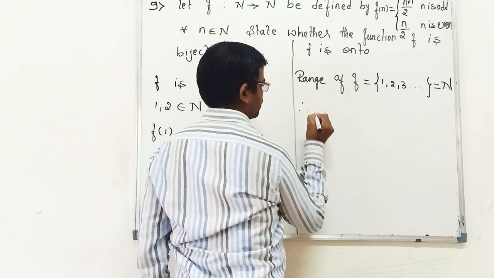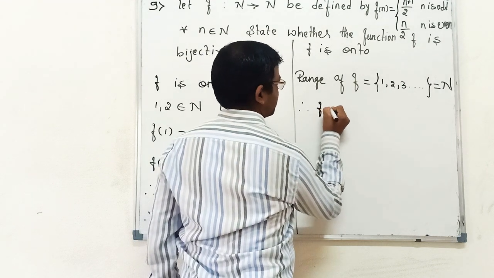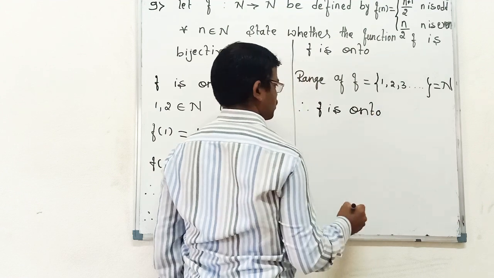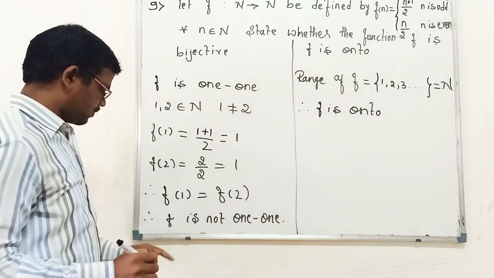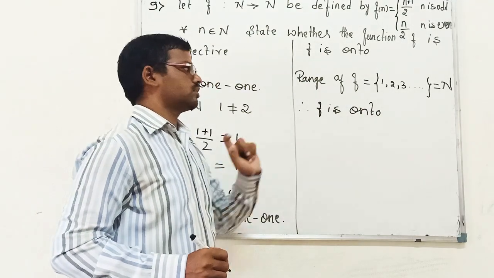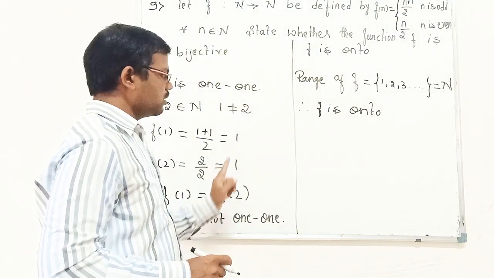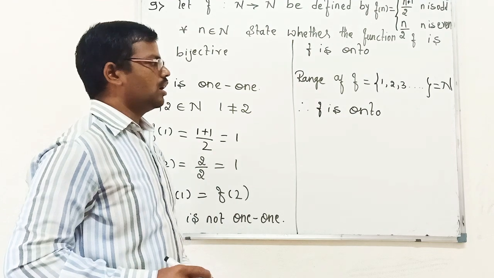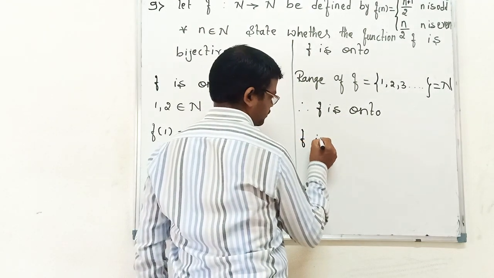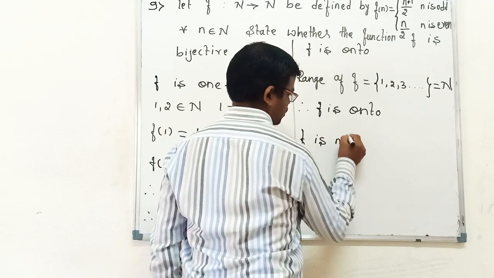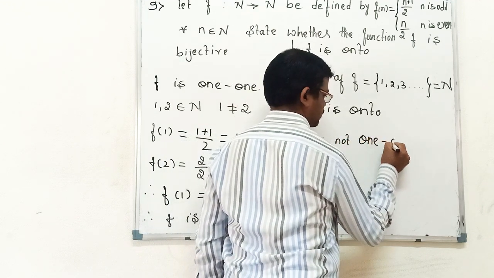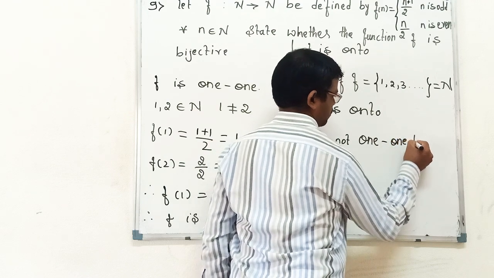Therefore f is onto. So here we got f is not one-one, but f is onto. So it is not one-one, but it is an onto function.